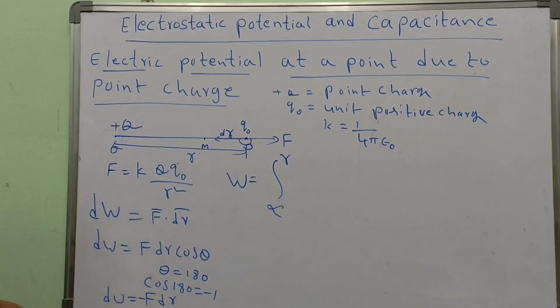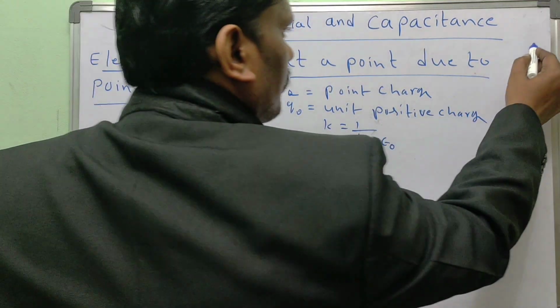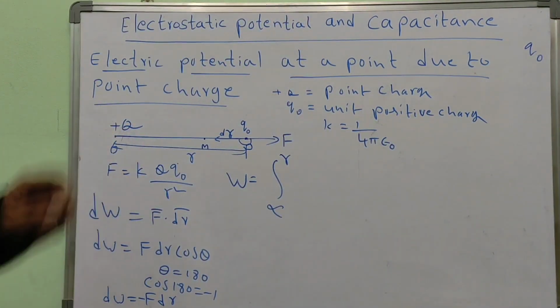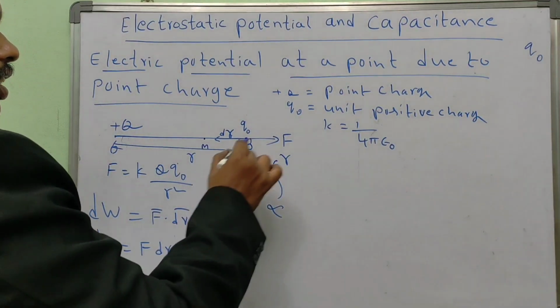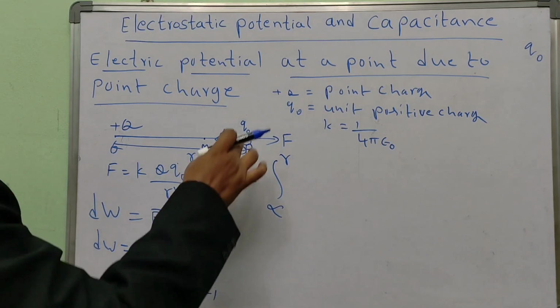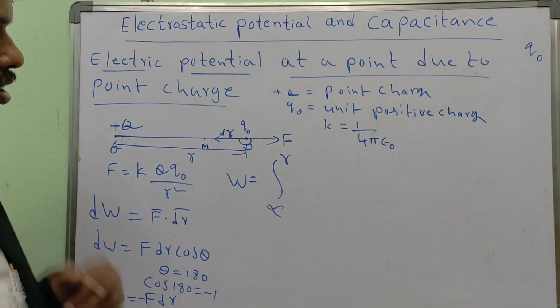So here I need to move from infinity to R. What is infinity? Q naught is at infinity, measured from the point charge plus q. And what is R? I need to bring the q naught charge to the point P. What is the distance of point P from the point charge? R. That's why I wrote R.